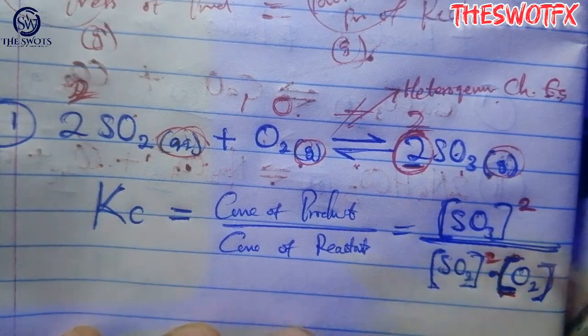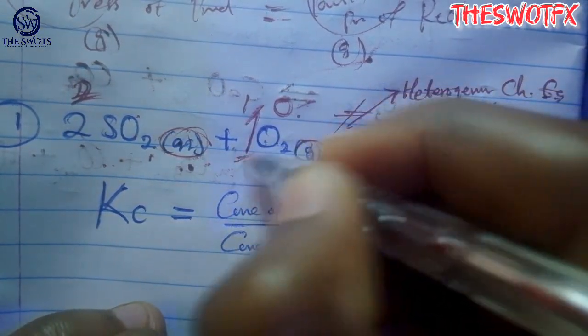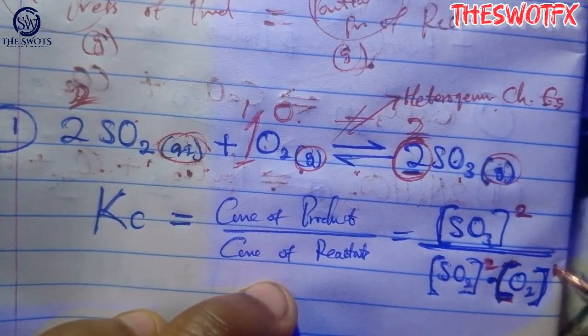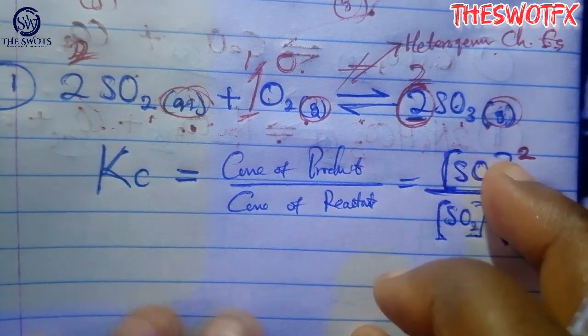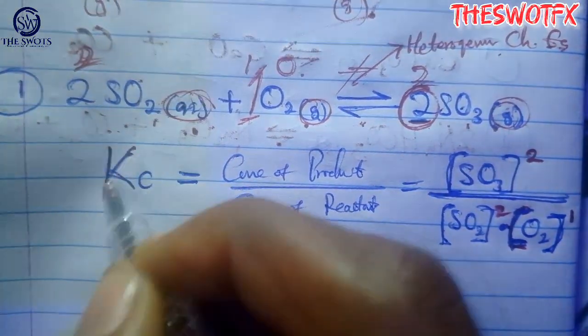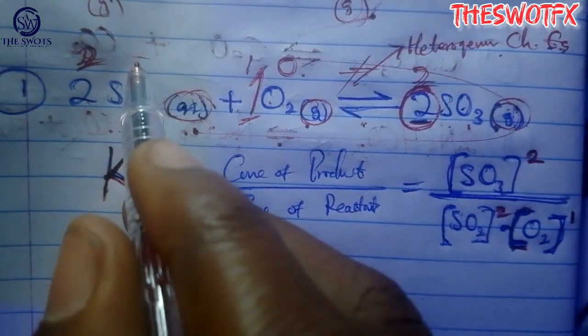Take note, this second reactant has its molecule as 1, so this is raised to power 1. So this is the representation for the concentration constant of this particular question.